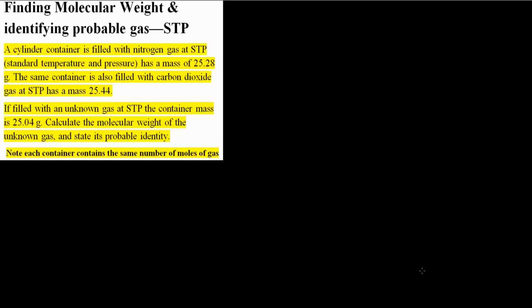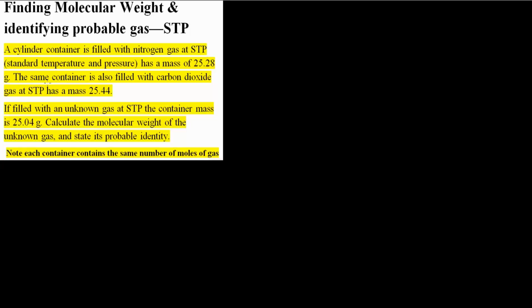In this video, we will be finding molecular weight and identifying a probable gas. So we have a cylinder container, and that is being filled with nitrogen gas at STP, standard temperature and pressure, and it has a mass of 25.28 grams.